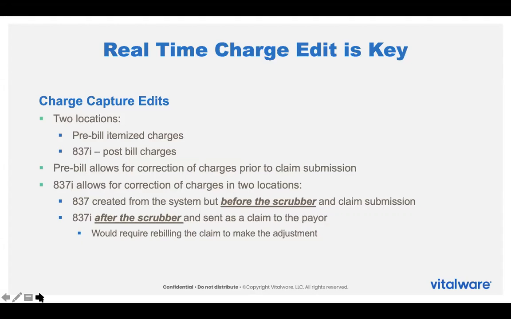I like to grab that 837 because it should have all the late charges on it, have all the coding, everything should be good. And I like to grab that because I still have time to fix it in the scrubber. So I like that place to do all the charge capture. But you can also do it after the scrubber, but then you have to do a rebill or adjustment claim.